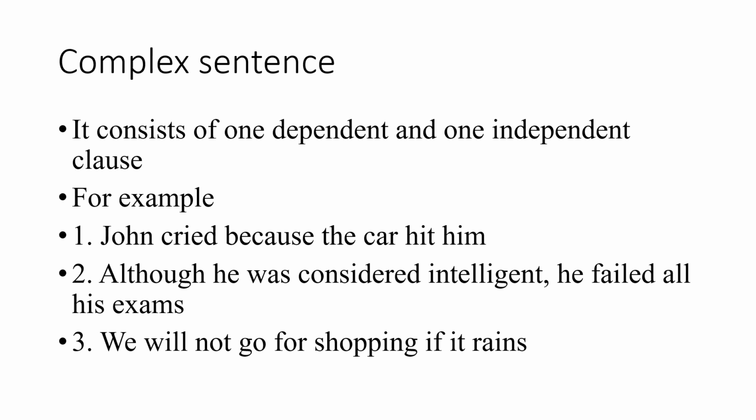If we use a subordinate conjunction at the start of the sentence like "although," we separate the two clauses with a comma, which has been used after "intelligent." So we have one dependent clause, "Although he was considered intelligent," and one independent clause, "he failed all his exams." Joined with a subordinate conjunction, it's a complex sentence.